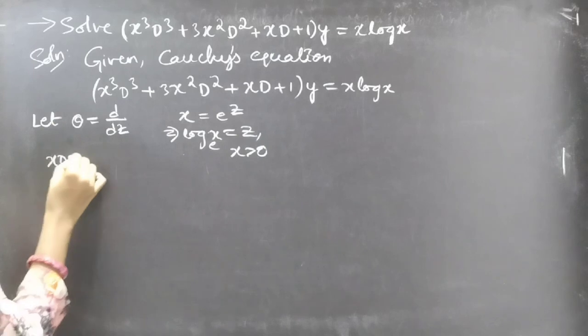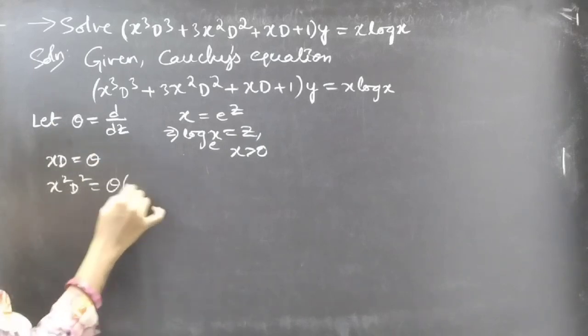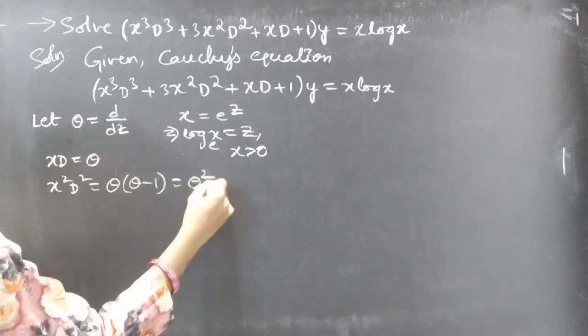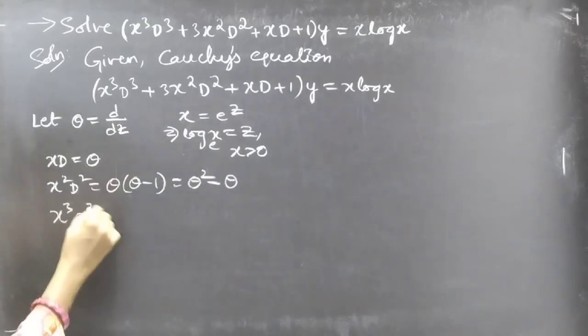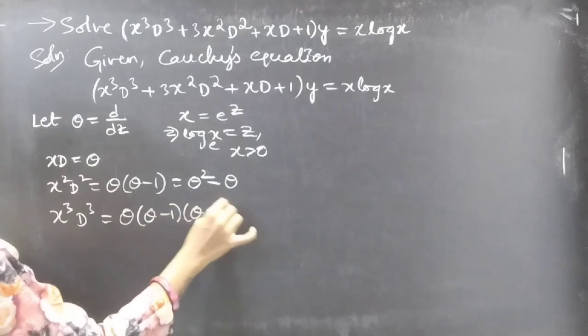Then xD equals theta, x square D square equals theta of theta minus 1, that is theta square minus theta, and x cube D cube equals theta of theta minus 1 into theta minus 2.